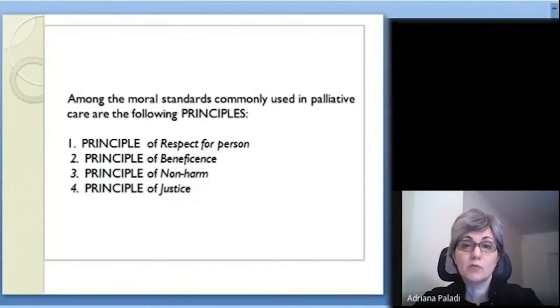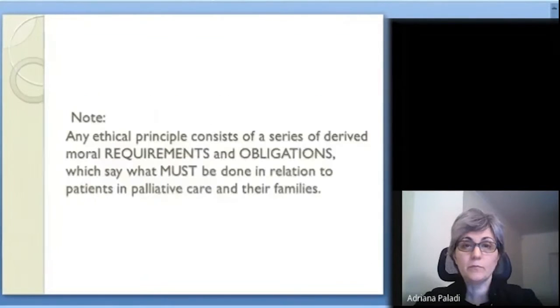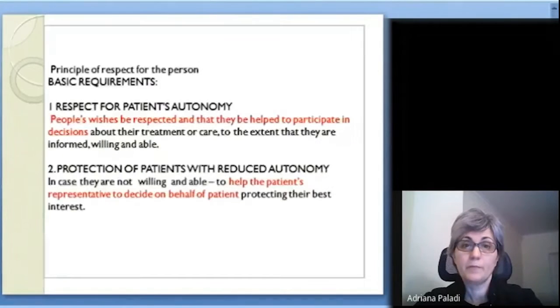Principle of respect for person, principle of beneficence, principle of non-harm, and principle of justice. Any ethical principle consists of a series of derived moral requirements and obligations, which say what must be done in relation to patients in palliative care and their families.